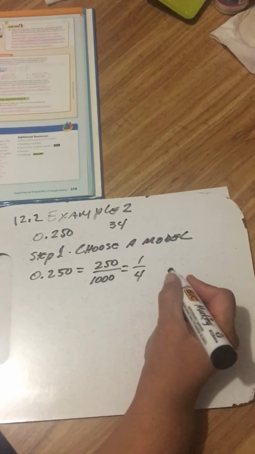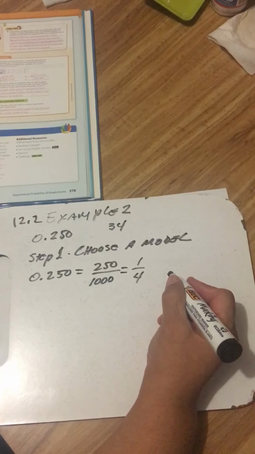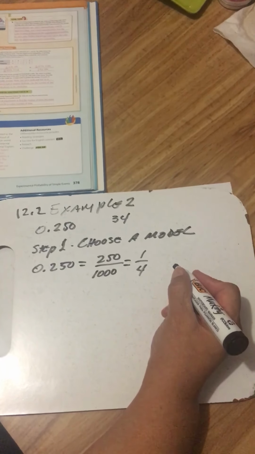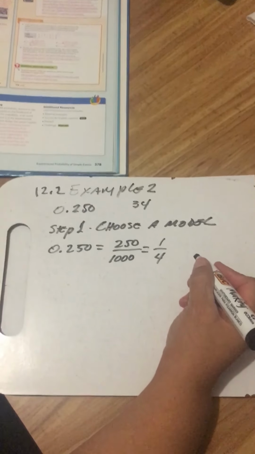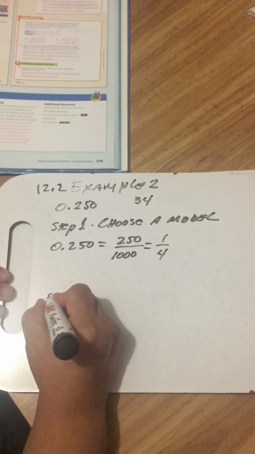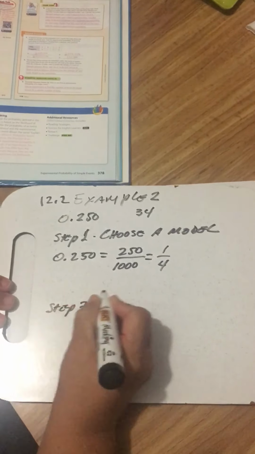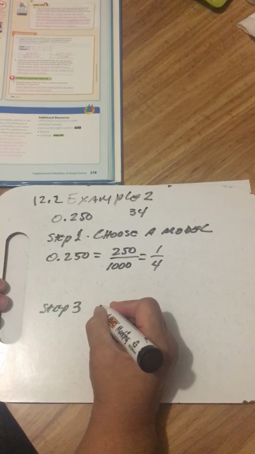Now, you check in your book step 2 to perform the simulation. Then you make a list with the hearts, diamonds, clubs, and spades. Then, in step 3, we make a prediction.